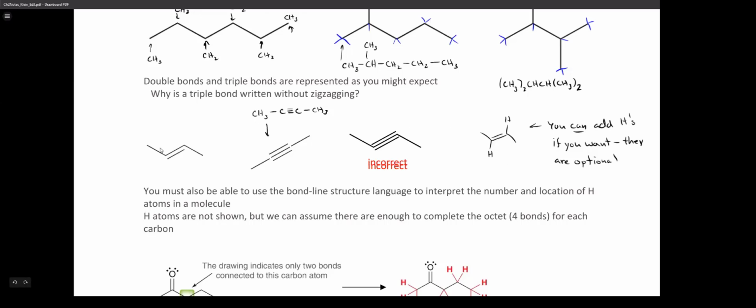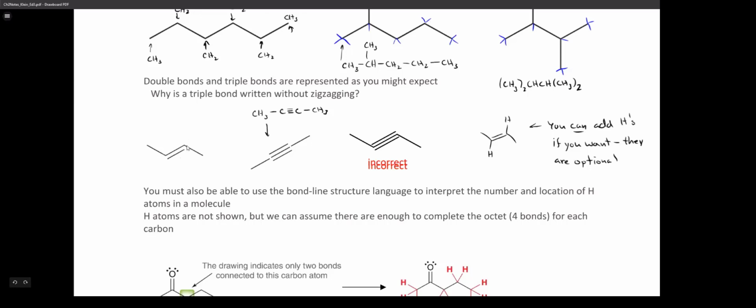Some people might look at this and forget that there's a hydrogen there. How do we know there has to be a hydrogen here? Because there's only three bonds. Only three bonds, good. So we see a bond and a double bond, that's three bonds, so there must be a hydrogen here.